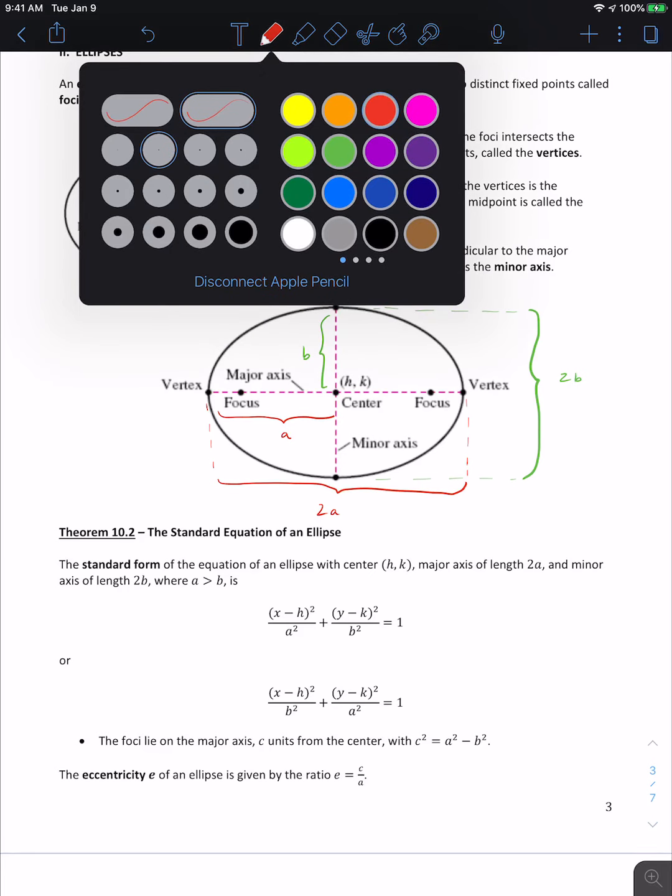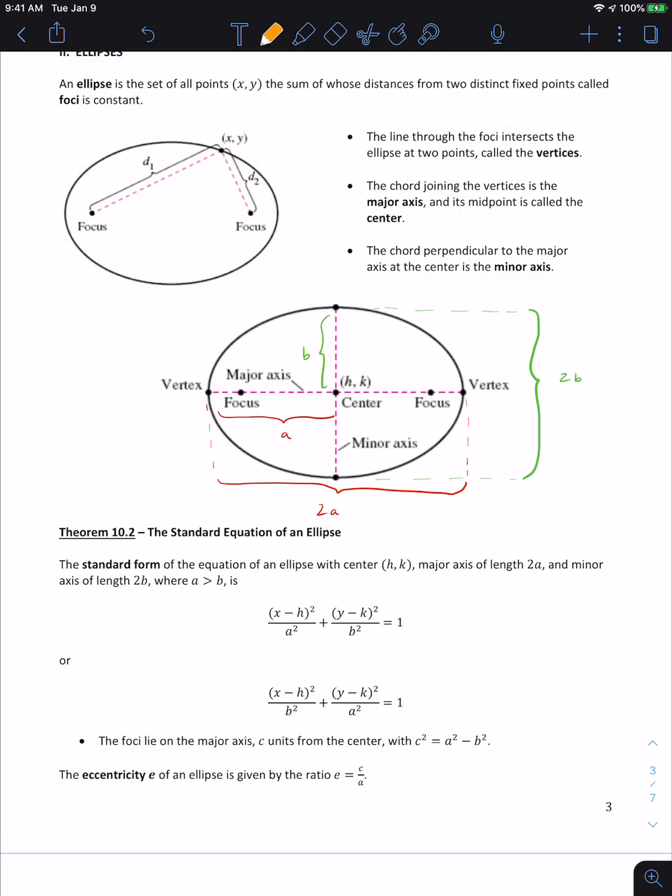This is the case when the major axis is horizontal, which is what we have up here. If the major axis is vertical, that's when I have an ellipse that looks like that.